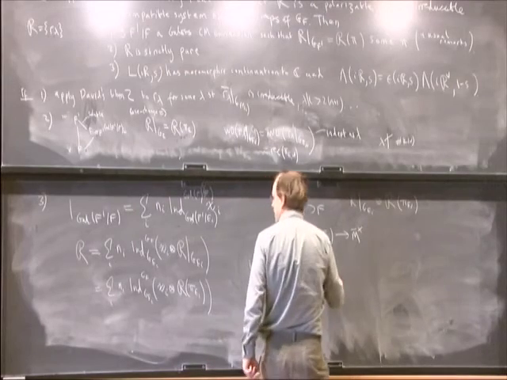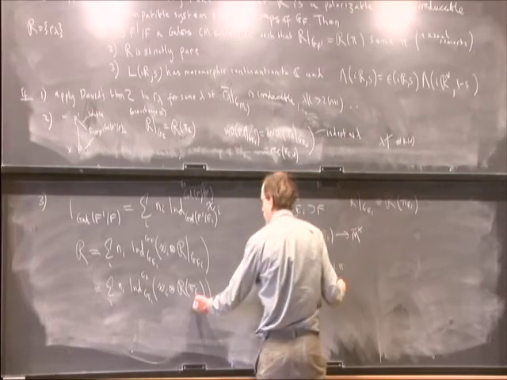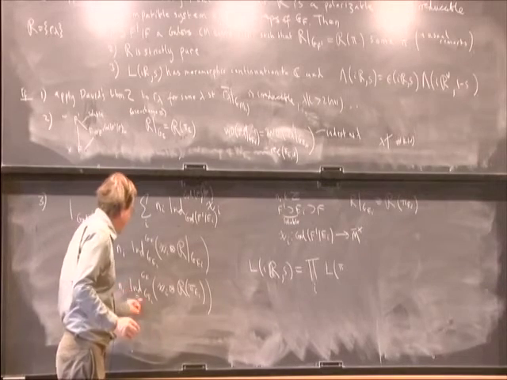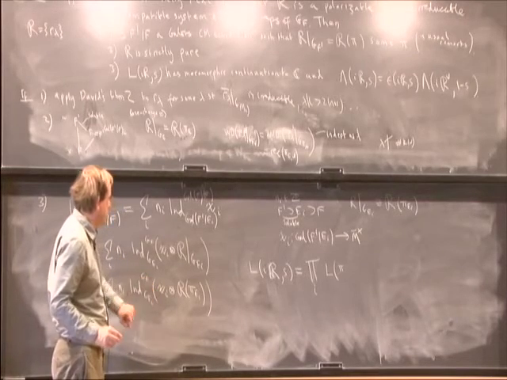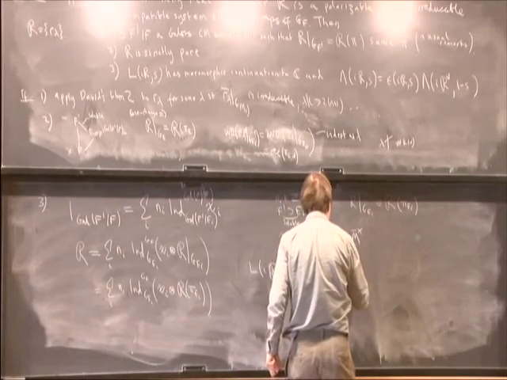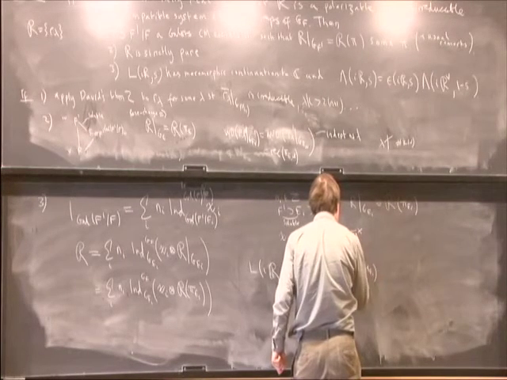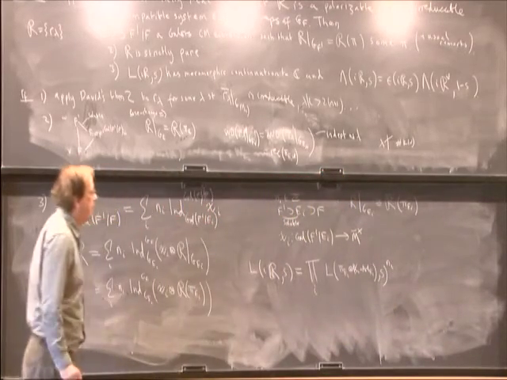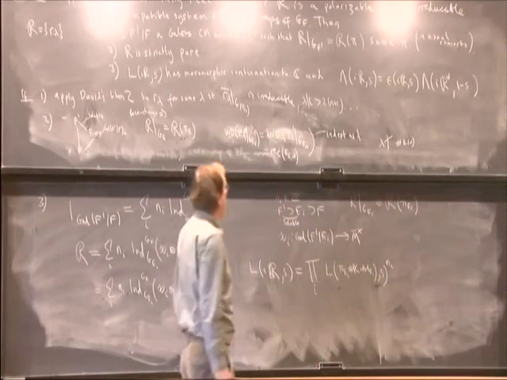Product over i of the L function of this thing to the n_i-th power, but the L function of the induction is just the L function before I do the induction, and then this is an automorphic L function, so this is L of pi_Ei, chi_i composed with the Artin map, of s to the n_i. So this has holomorphic continuation to the whole complex plane.